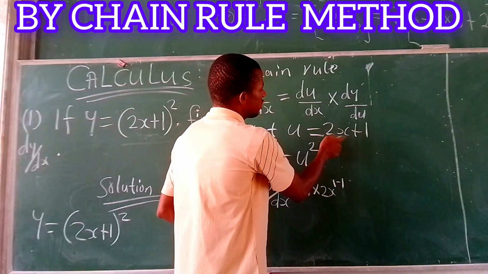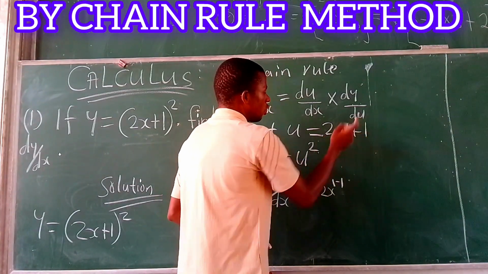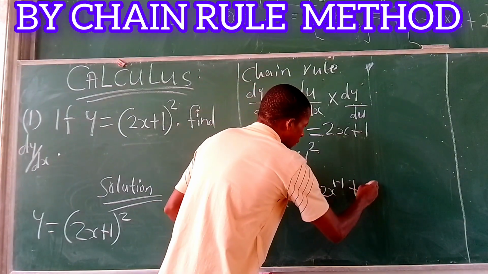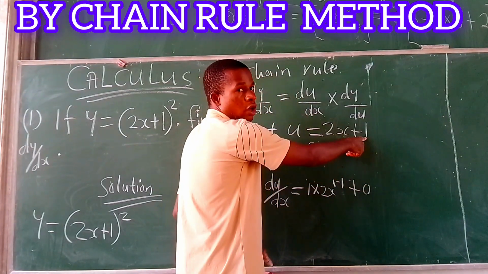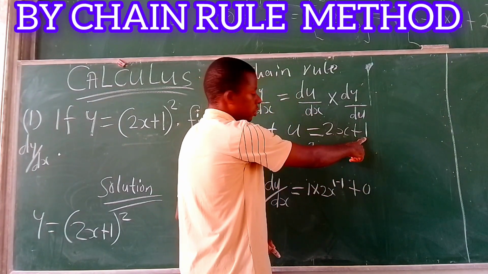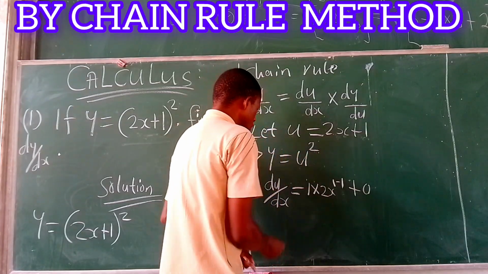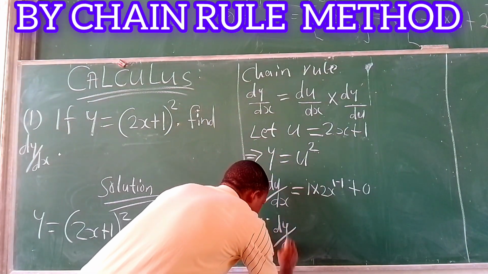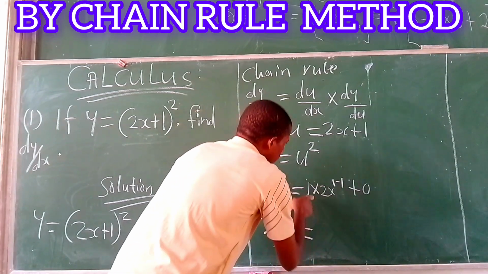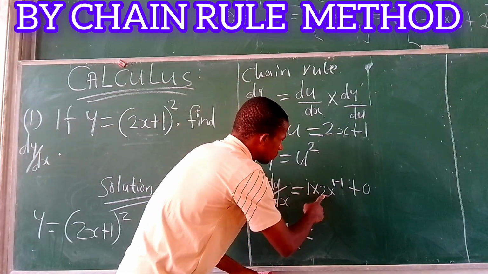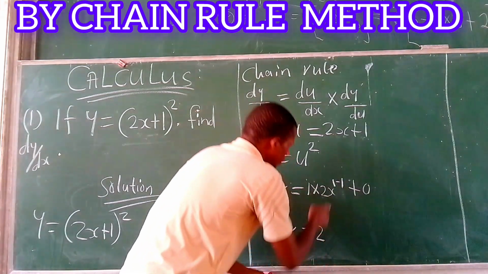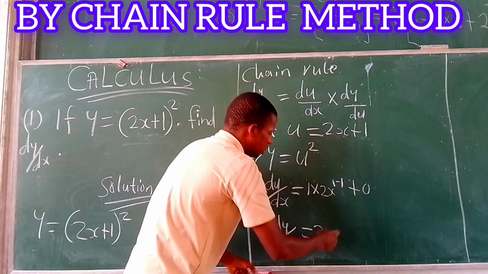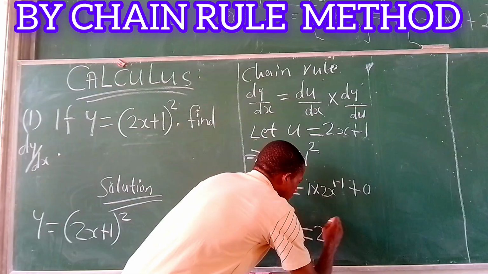Now, we have already differentiated this term. Let's look at how to differentiate the next one. This is a constant. When we derive a constant, it gives us 0, because this constant is not attached to a variable. So therefore, du over dx is equal to 1 times 2, which gives us 2, and x to the power of 1 minus 1 is x to the power of 0.